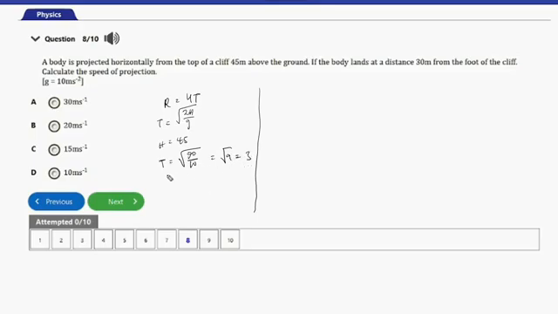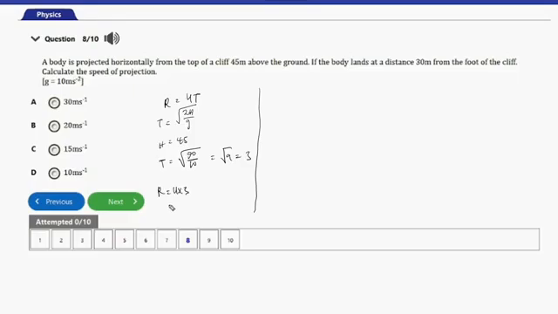So if t is 3, then ut is initial velocity times time. Here we have the range already given to us, so we are just going to find the initial velocity, which is the speed of the projection.